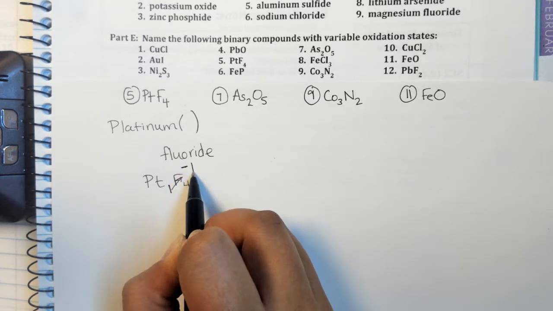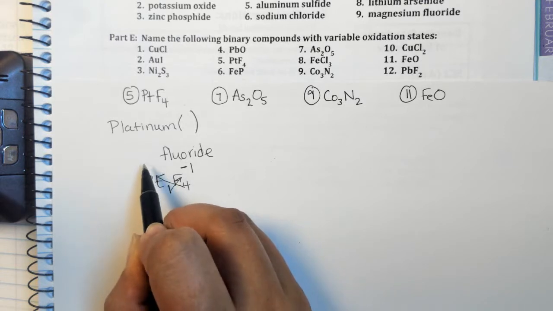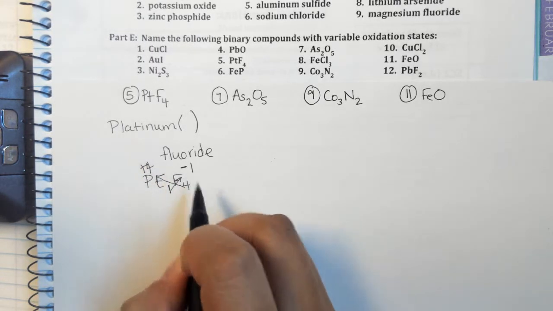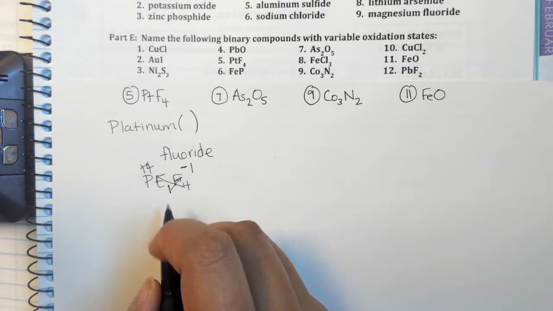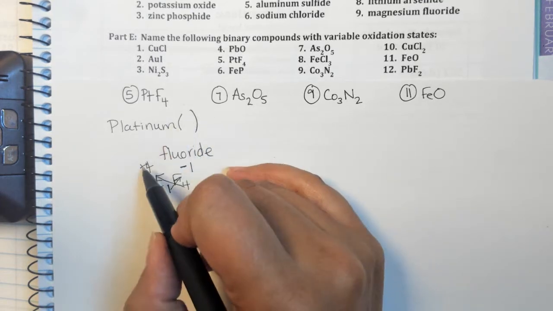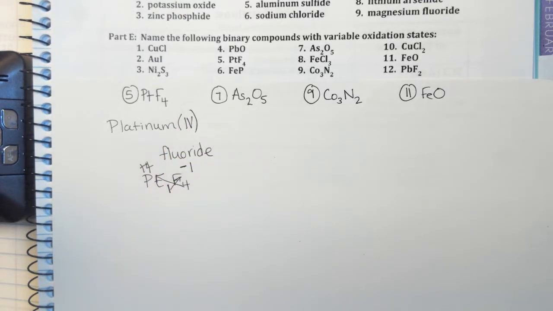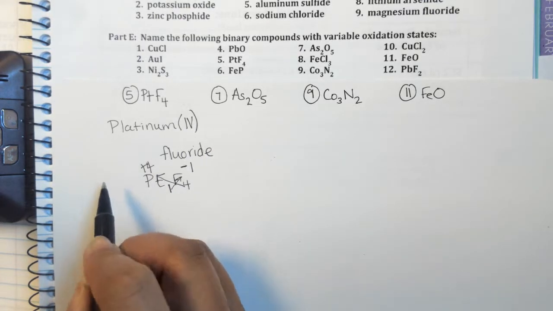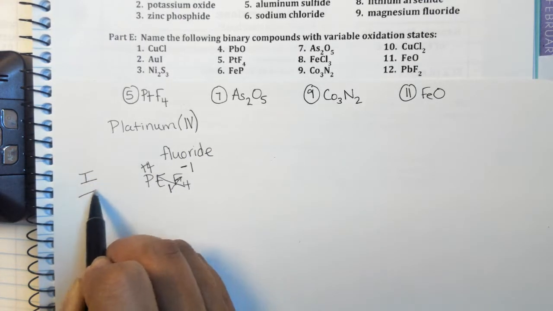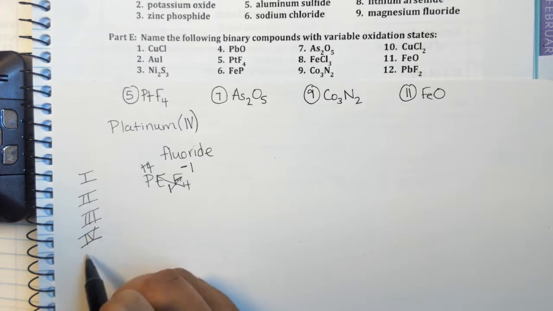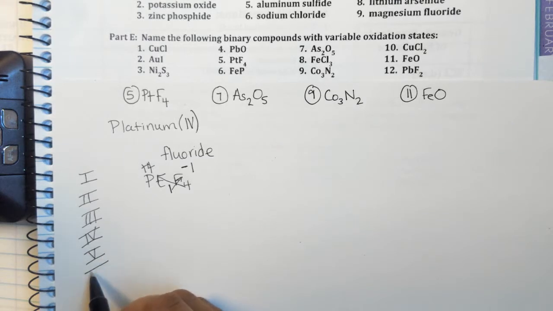Fluorine will have a -1. Platinum will get a +4. Okay, and so does fluorine normally have a -1 oxidation state? Yes, so now I'm going to make platinum's oxidation state 4. Okay, for those of you who do not know, you need to memorize the Roman numerals. This is 1, 2, 3, 4, 5, and then 6 should be the last one that we use.